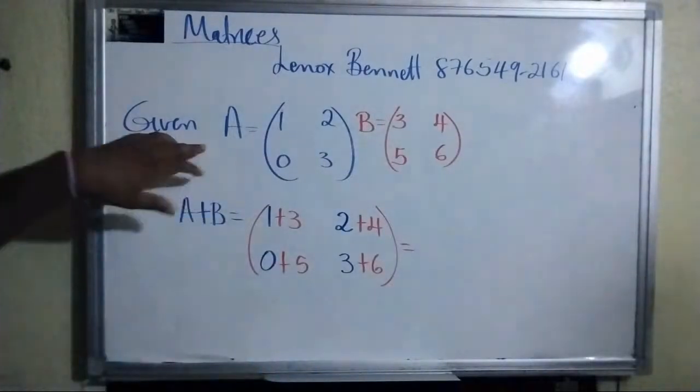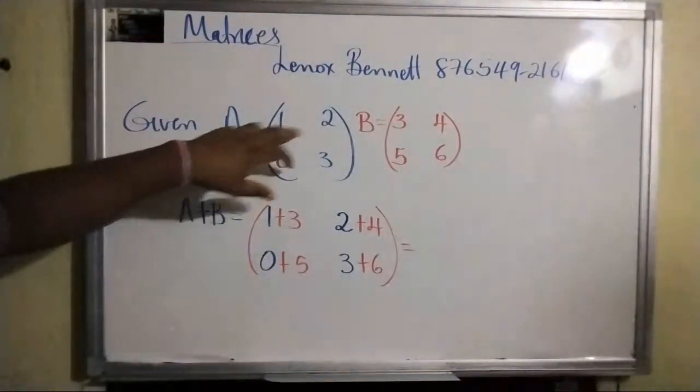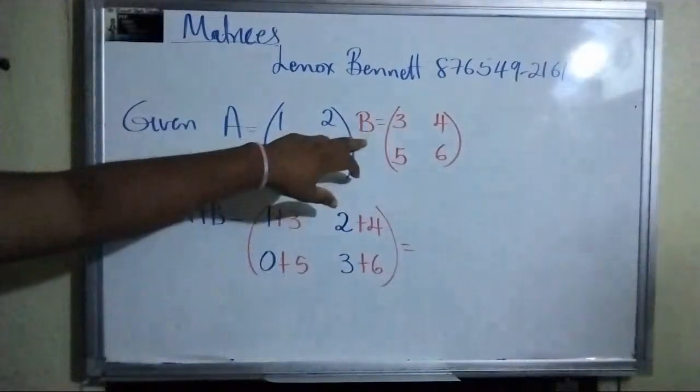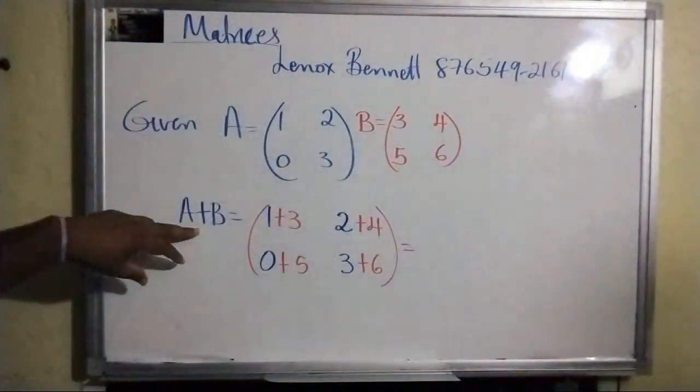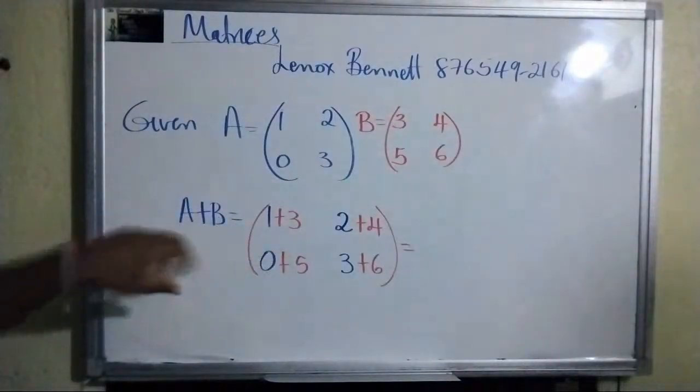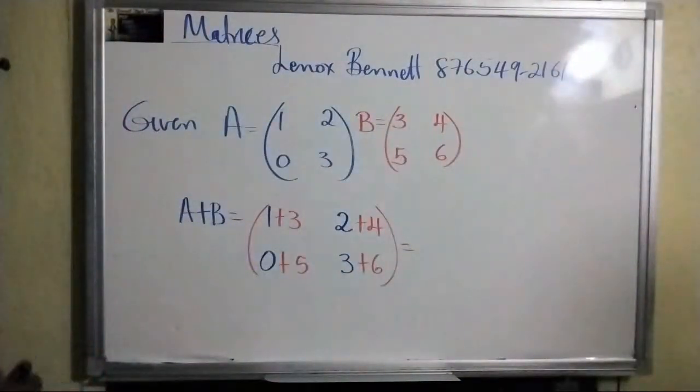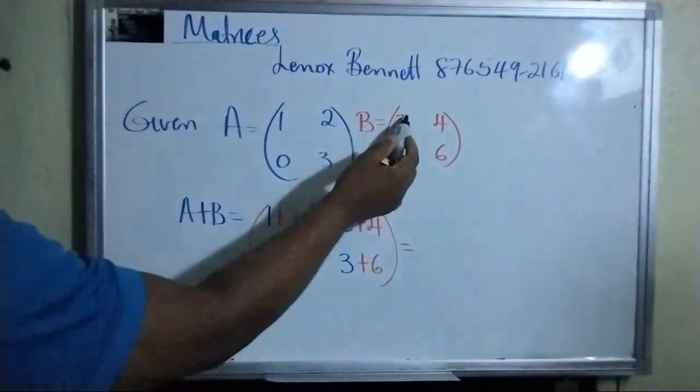Alright. So it says given that A is [1, 2; 0, 3] and B equals [3, 4; 5, 6], find the value of A plus B. We add the corresponding entries.